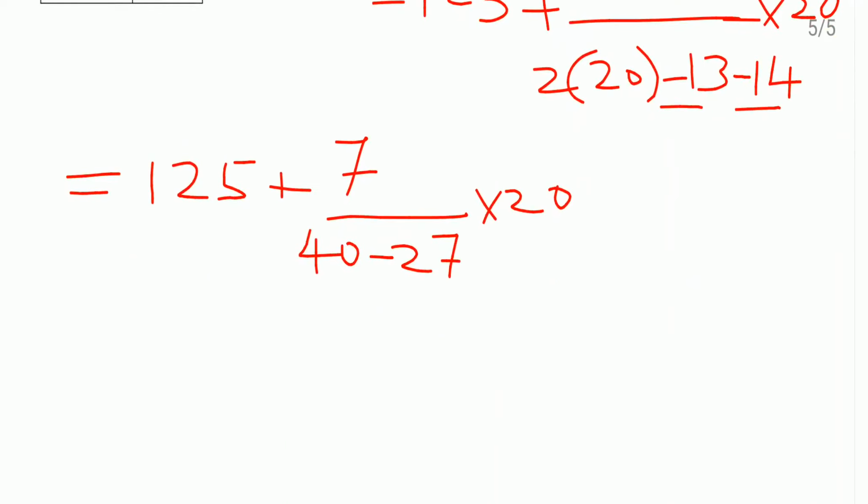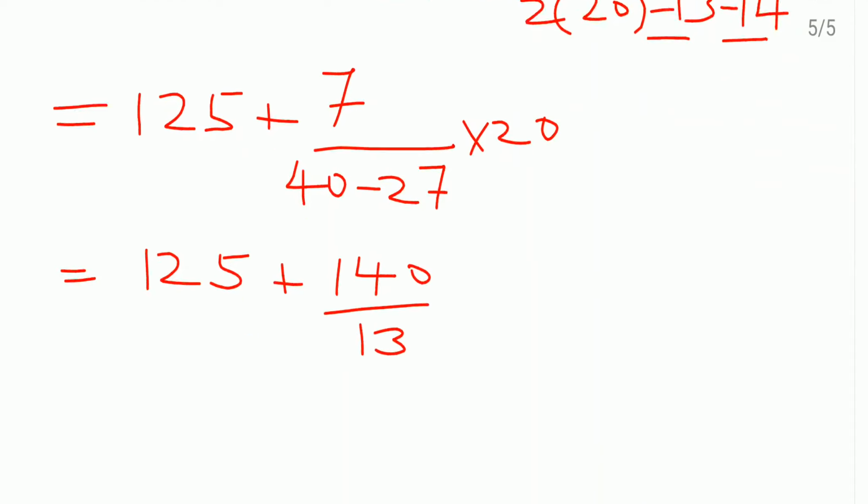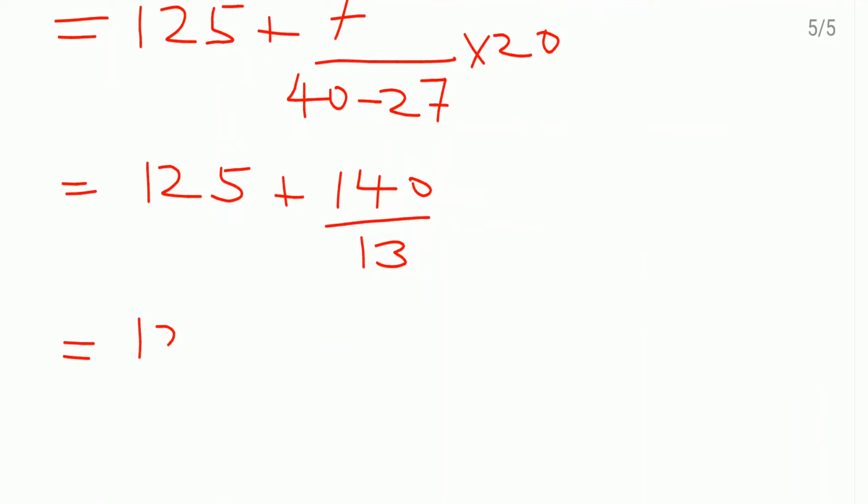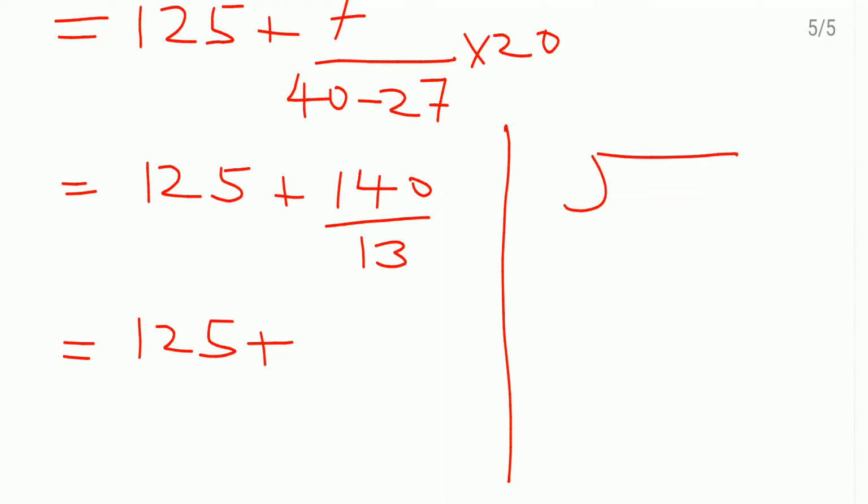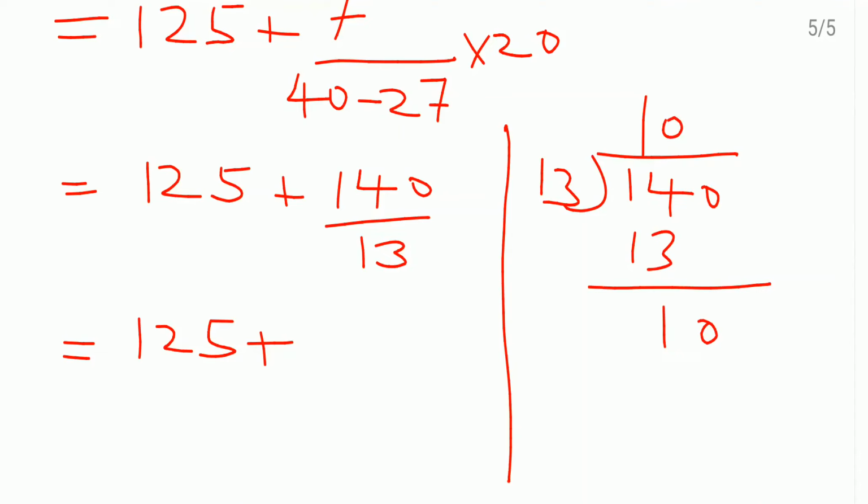So here, 125 as it is plus 7 twos are 14, 140 by 13. So this division we need to do now. 125 plus, I will show you the division here: 140 divided by 13. 13 ones are 13, 1 is there, 0. Now this doesn't come in 13's table, so 0 here. Now I will put 0 here because of the decimal point.